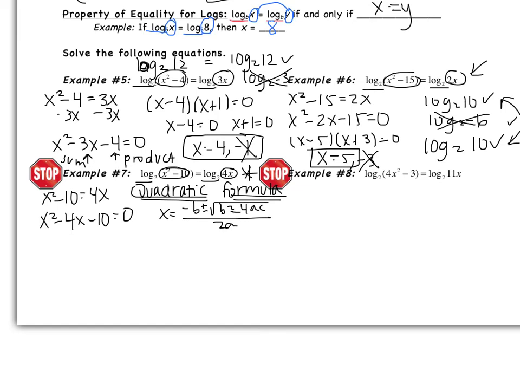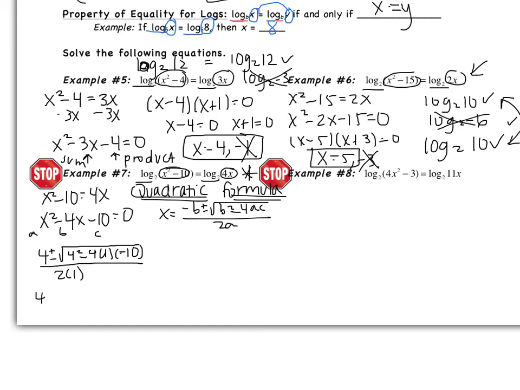Okay, remember a is what's in front of the x squared, b is in front of the x, c is the number by itself. So let's continue substituting. B is negative 4, so the opposite of that is going to be positive 4. So I get positive 4 plus or minus square root of 4 squared minus 4 times 1 times negative 10 all over 2a, 2 times 1.